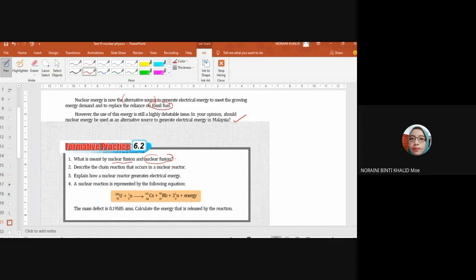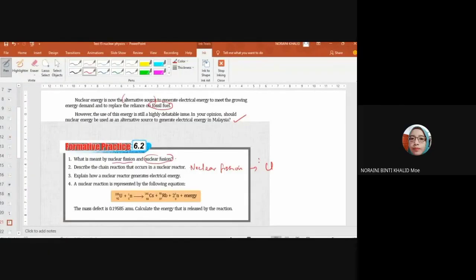Describe the chain reaction that occurs in a nuclear reactor. This one is nuclear fission. So you can use the sample of uranium-235 just now. Uranium-235 bombarded with a slow-moving neutron becomes uranium-236, which is unstable, and then uranium-236 splits into two lighter nuclei, barium and krypton, emitting 3 neutrons.